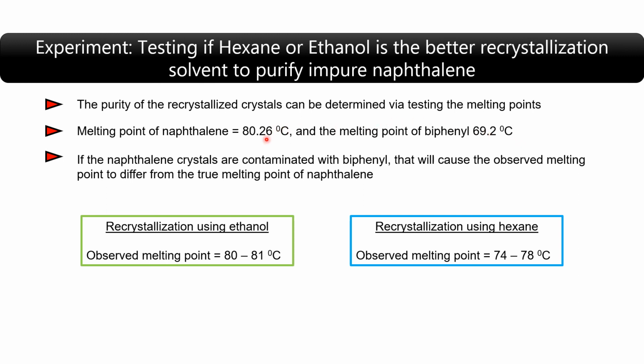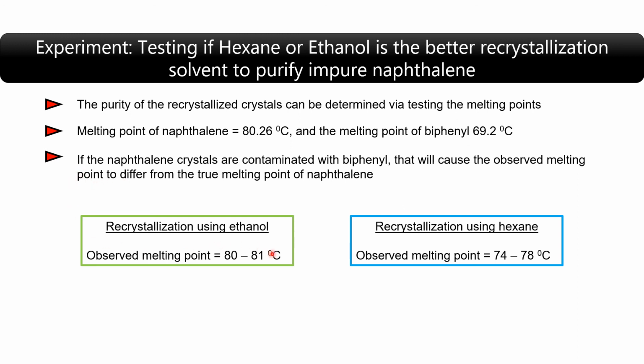So if our crystals are pure, we should obtain a melting point pretty close to the theoretical melting point of naphthalene. But if our crystals still have some biphenyl mixed in, the biphenyl is going to lower the melting point that we observe.